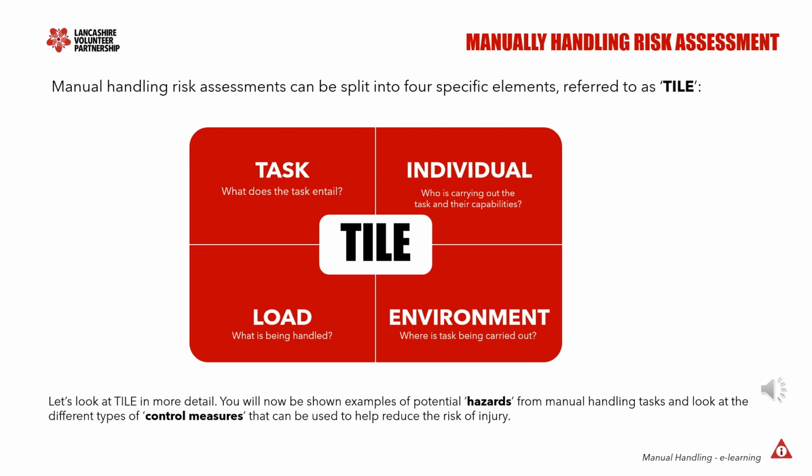Environment, where is the task being carried out? Let's look at TILE in more detail. You will now be shown several examples of potential hazards for manual handling tasks and look at the different types of control measures that can be used to help reduce the risk of injury.